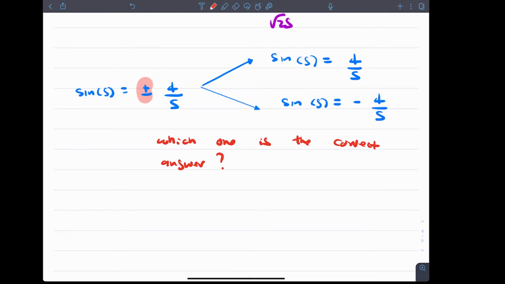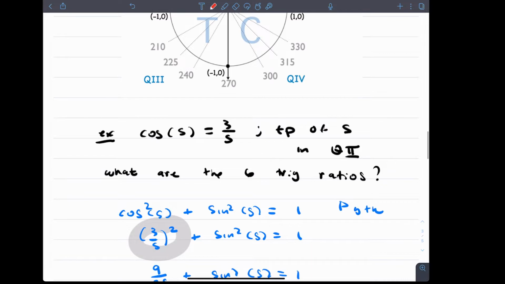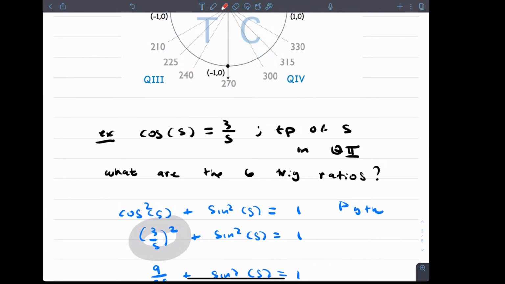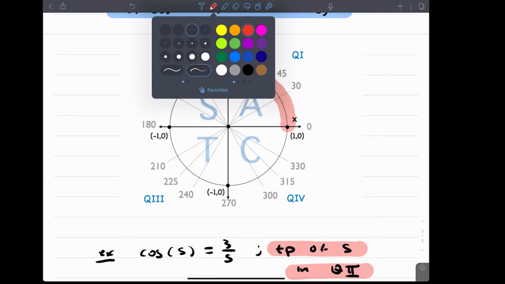Anybody know? Which one is it? Go back up here. What did they say? The terminal point of S is in quadrant what? 2. Quadrant 2 somewhere. I don't know what the angle is.